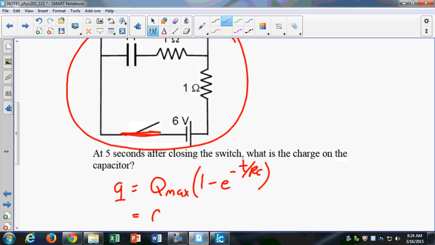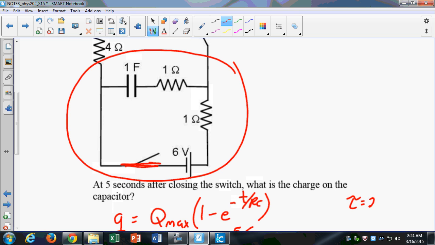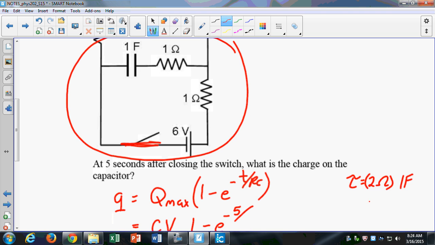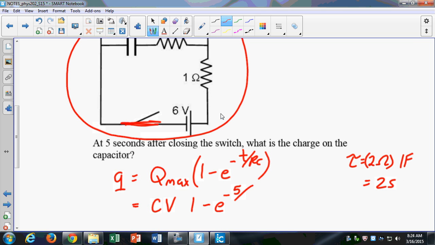I'm going to calculate my tau over here. It's going to be 2 ohms times 1 farad, that's equal to 2 seconds. So negative 5 over 2.